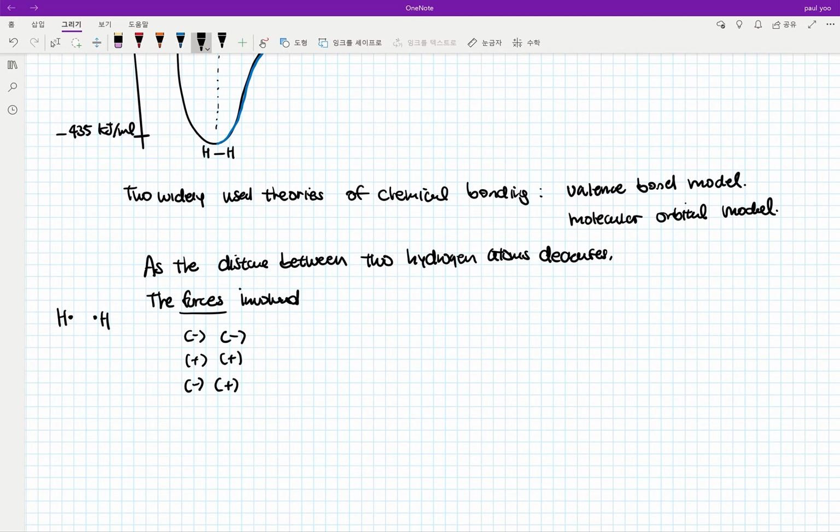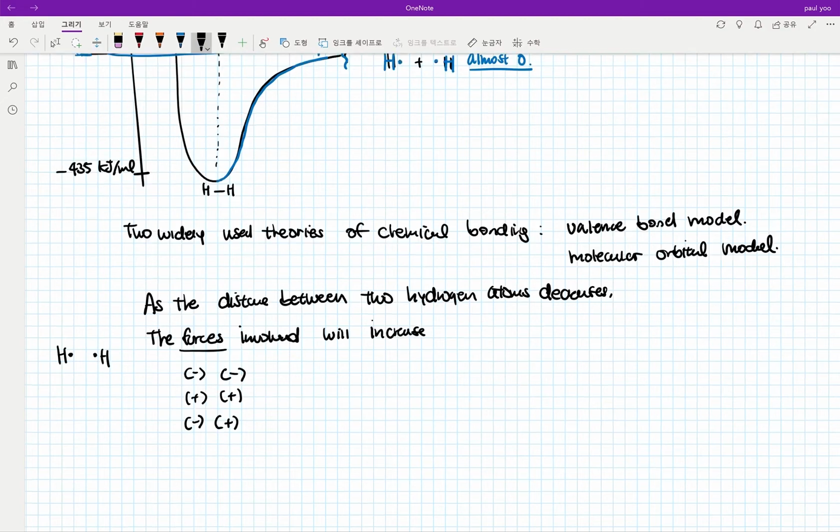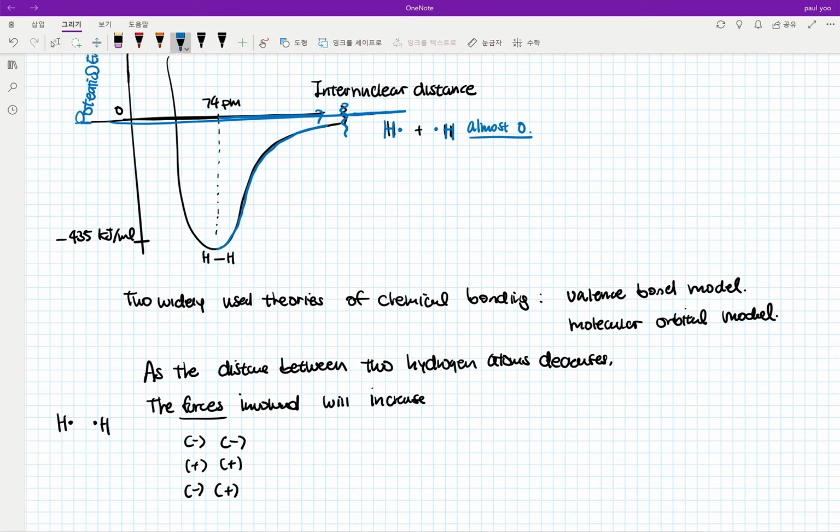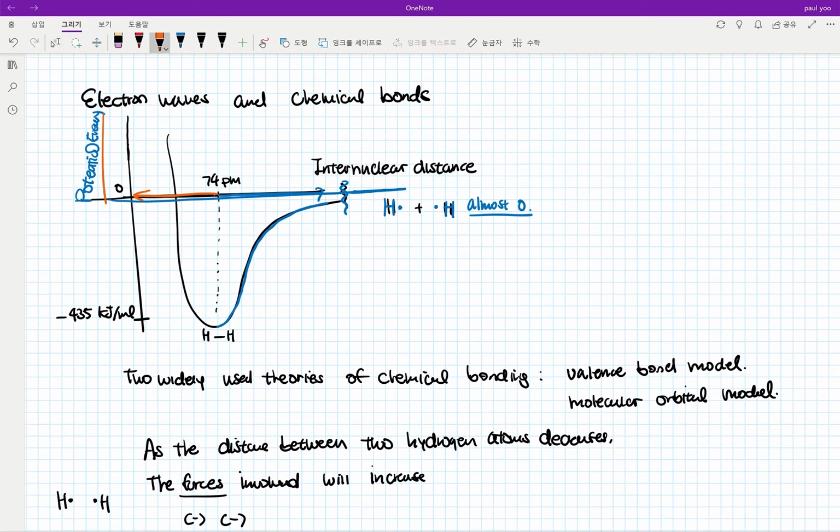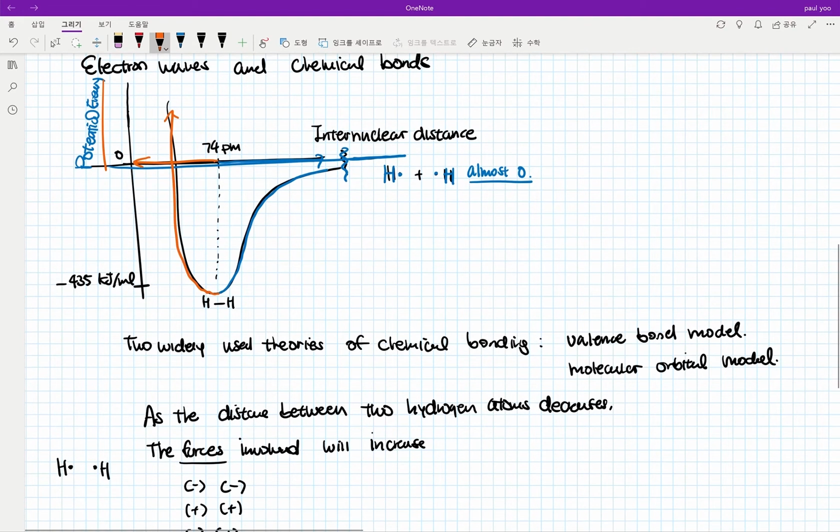The forces involved will always increase, and that is the reason why after a certain point the potential energy increases exponentially.